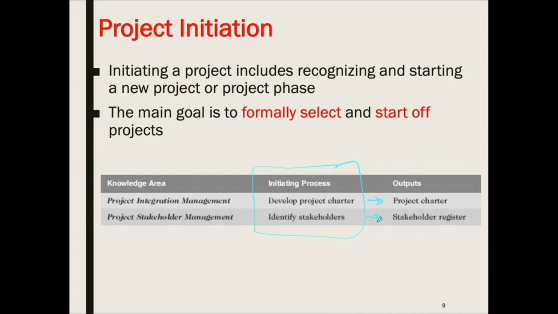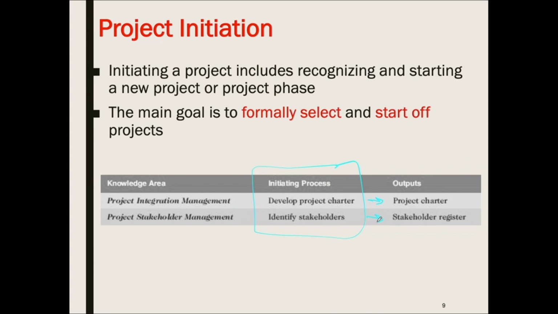So in this phase, you are officially starting the project. So it is formally selecting the staff, mainly, and then you start the project by defining the scope and defining the timeline, and all these will be covered in the project charter.